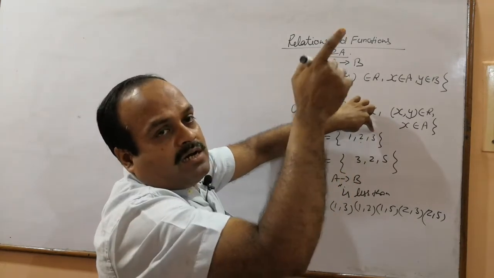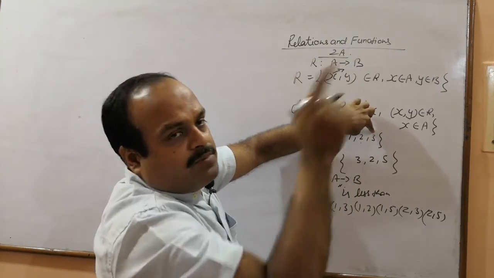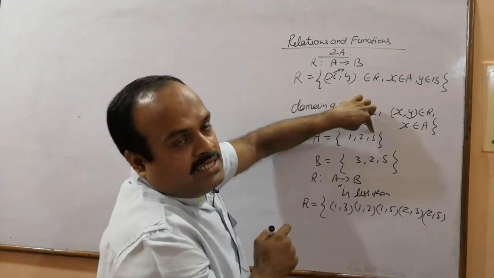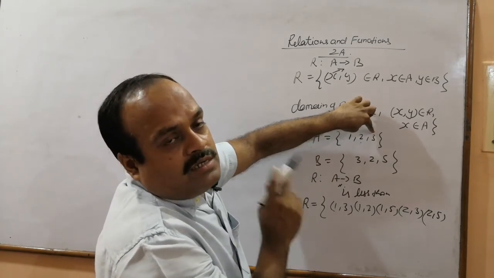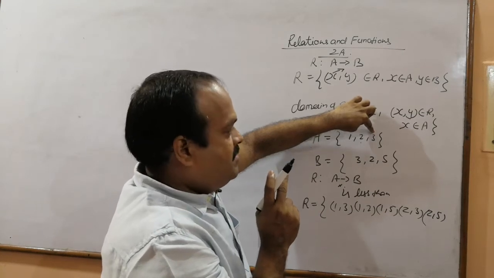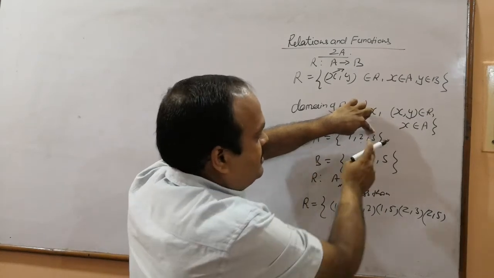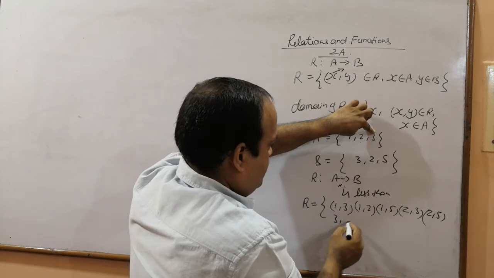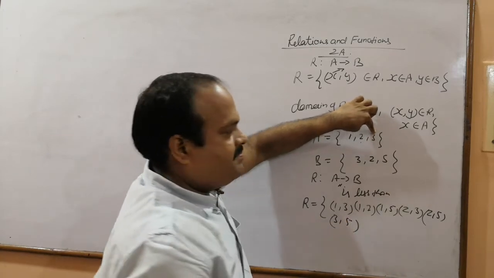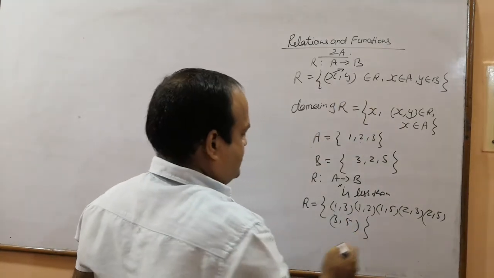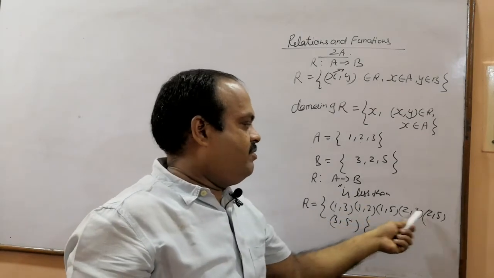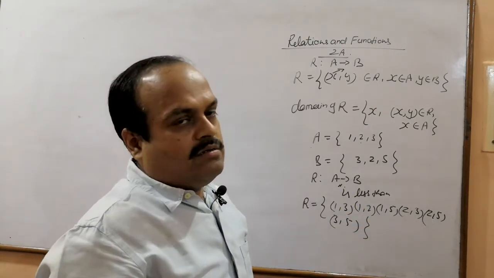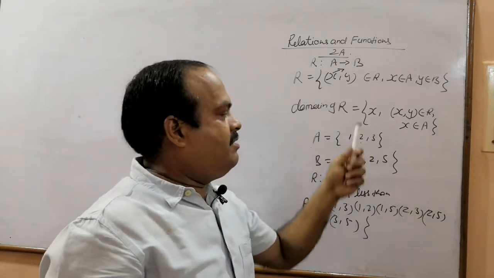It will be there in the cross product, the Cartesian product, but it will not be in the relation R. 3, 5, yes, 3 is less than 5.